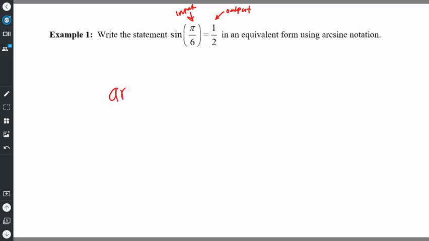So arc sine. What is going to be the input of arc sine if I want to use the equivalent form? 1/2. Very good. And what's going to be the output? Good. Now this is the equivalent form using arc sine. Literally, the inputs and outputs are swapped. As many of you guys mentioned, right?